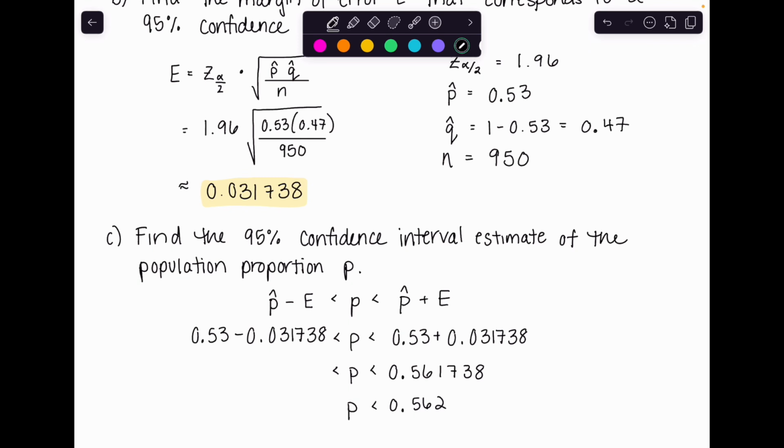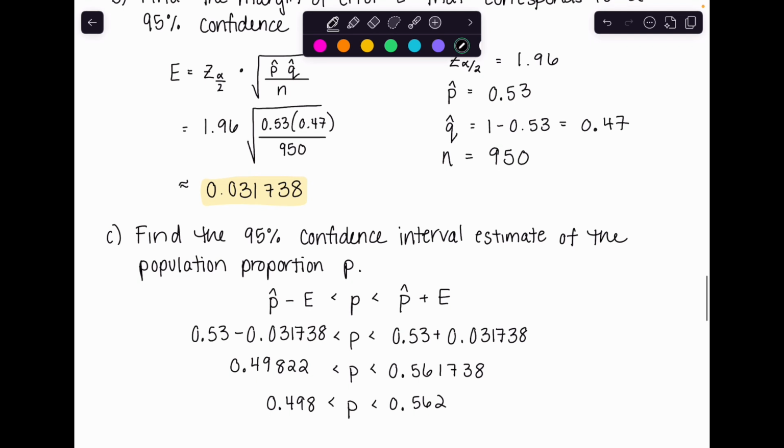On a low end, if I go ahead and subtract this, I'm going to trust you can plug this into your calculator. This would give you 0.49822. So if we round to 3 decimals, that would be 0.498.